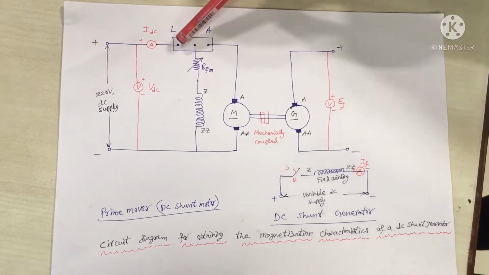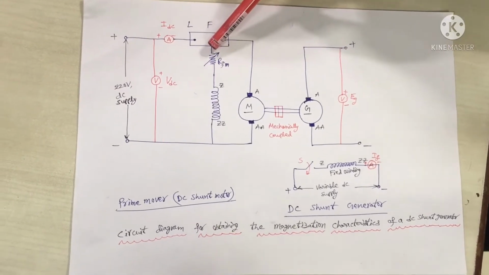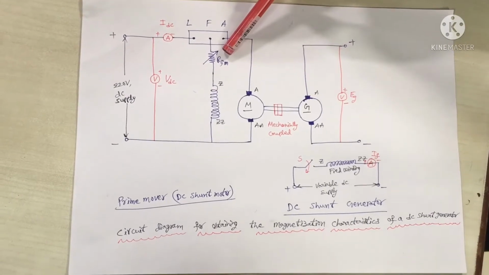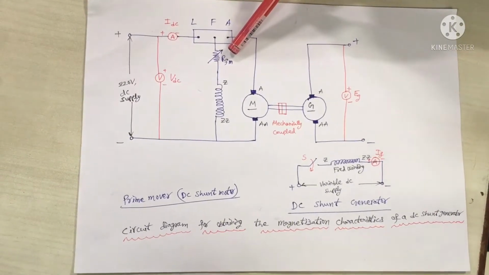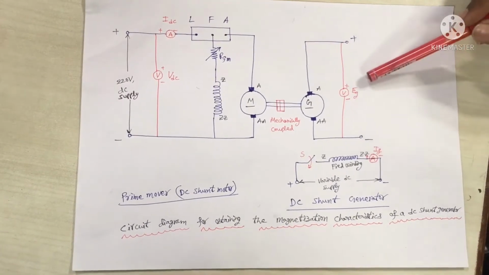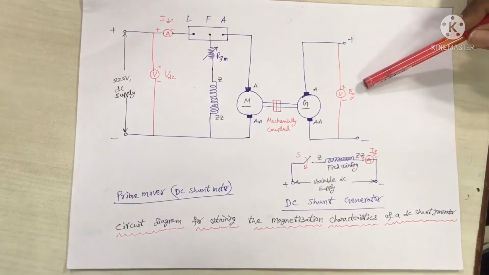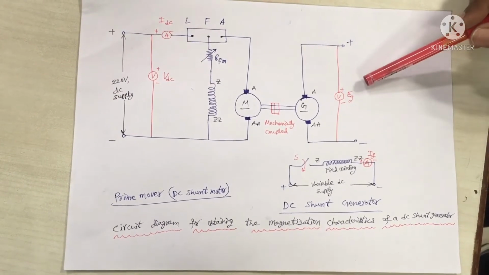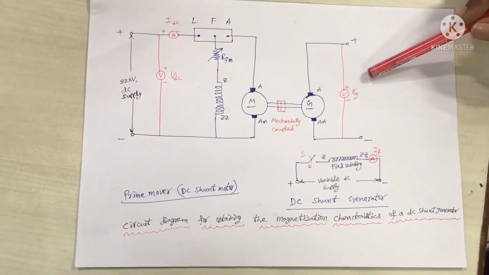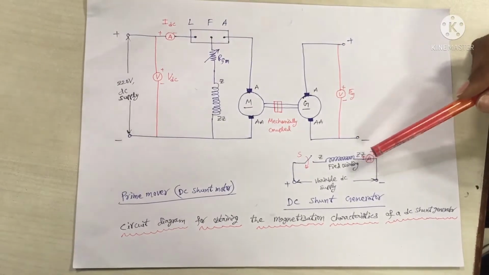Set the prime mover speed at 1500 rpm or rated speed by adjusting the external field winding rheostat of the DC shunt motor, and then note down the voltage across the armature winding terminals of the DC shunt generator. Here we will see some voltage. This voltage is due to residual magnetism present in the field winding.